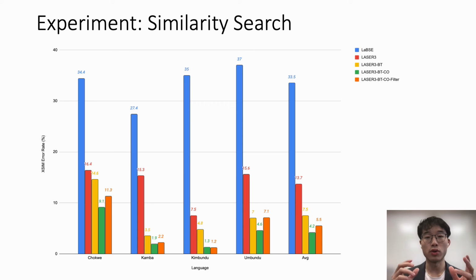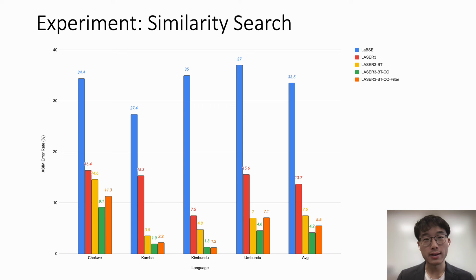Once we compute the score for each target sentence against the source, we select the target sentence that has the highest score. If that target sentence is not the correctly aligned target for the source sentence, we increment the error by 1, and then we compute the error rate in the end. So in the figure here, the error rate is, the lower the better.